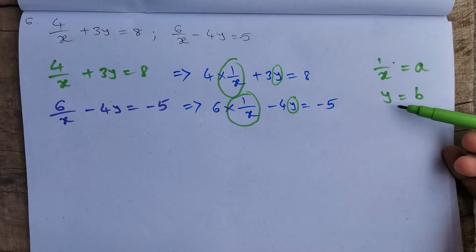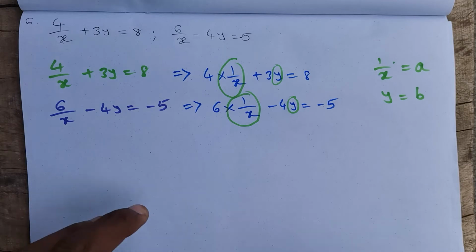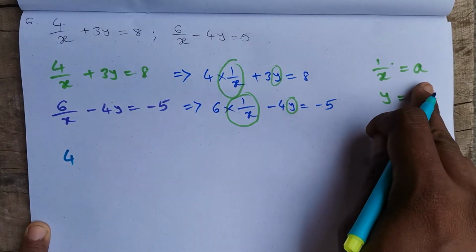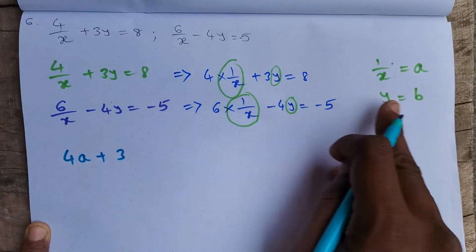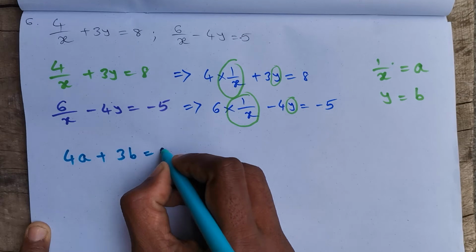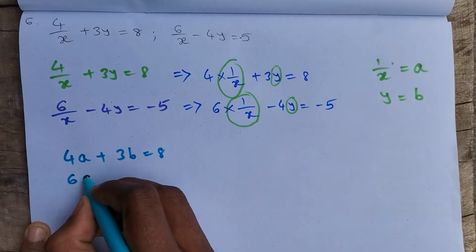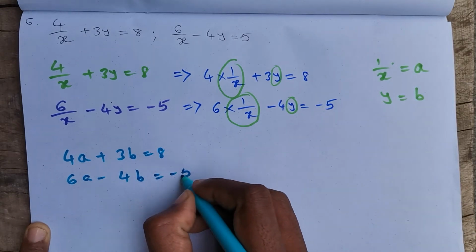Here it is simple, so you can take y also, no problem with that. Okay, now what I will do: 4, in the place of 1 by x I will substitute a, plus 3 into, in the place of y I'll substitute b, equals 8. 6 into, in the place of 1 by x substituting a, minus 4 into, in the place of y substituting b, equals minus 5.